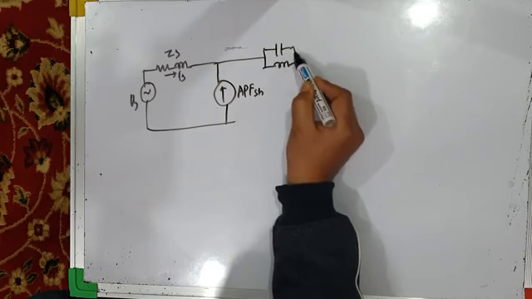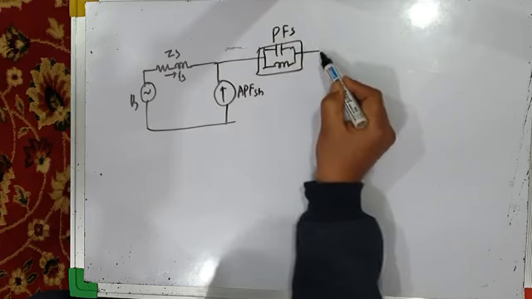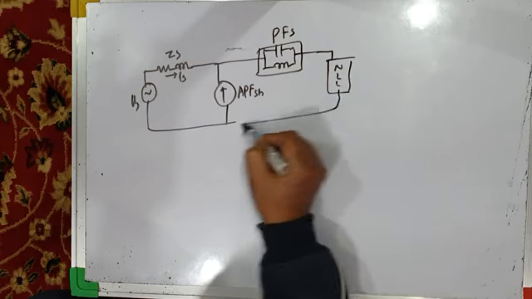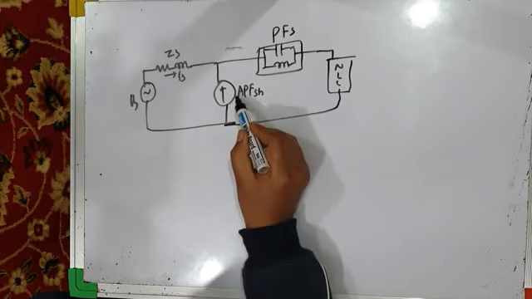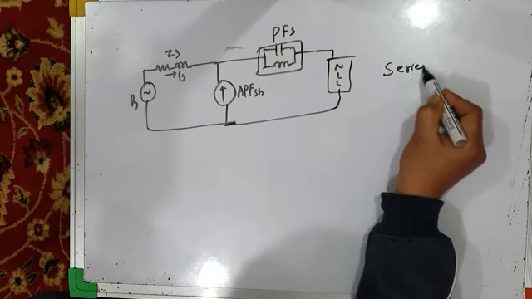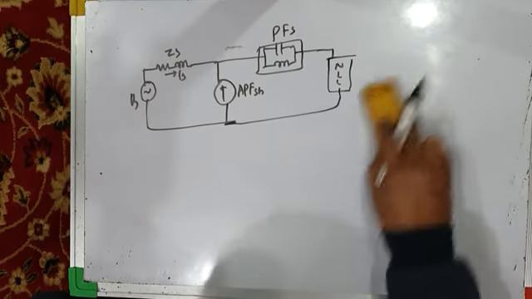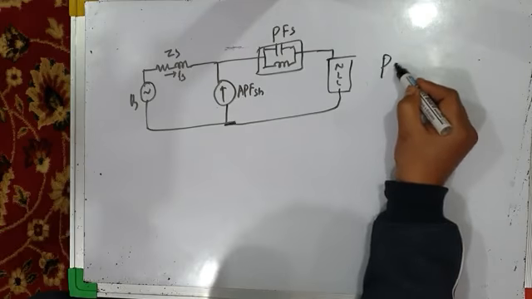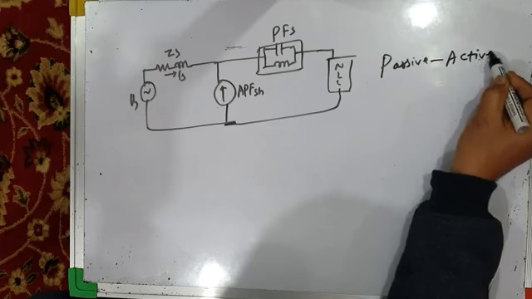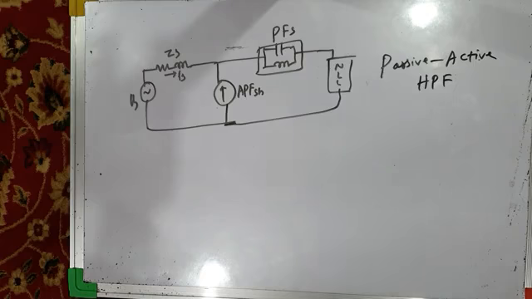This is a passive power filter, but it is series. Passive power filter series. And this is your non-linear load. The shunt filter is an active power filter and the series filter is a passive power filter. This is another example of a passive active hybrid power filter. Passive active HPF.